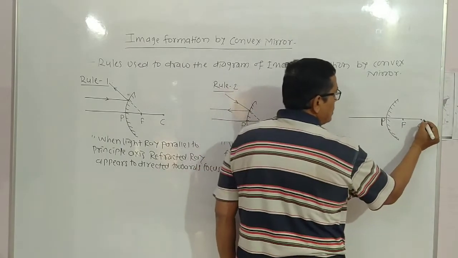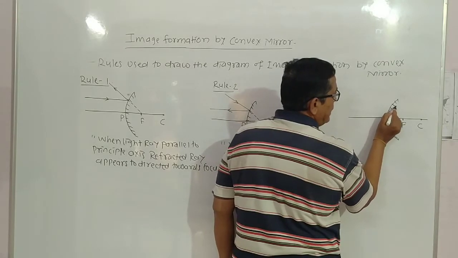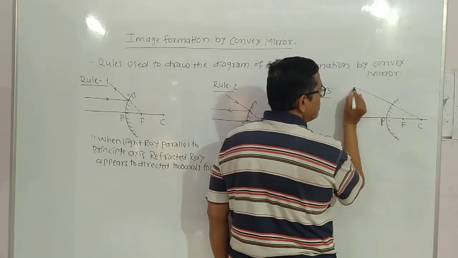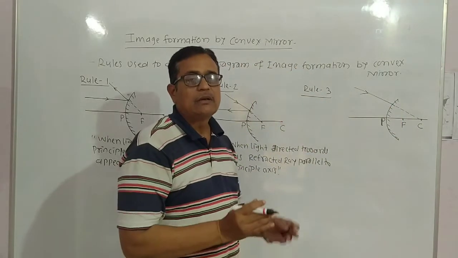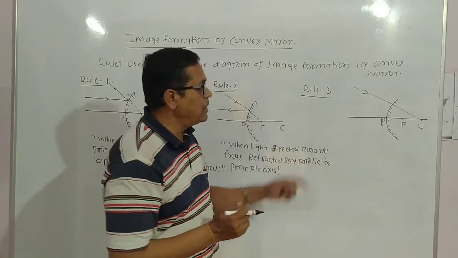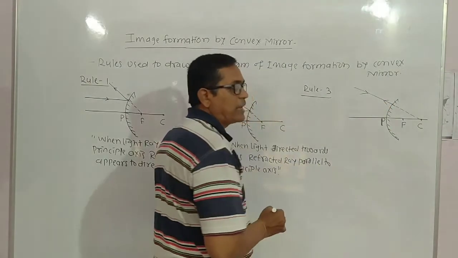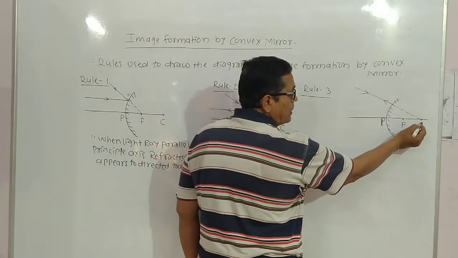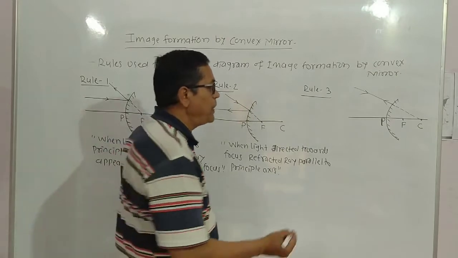Look here, dear student, when a light ray is directed towards the center of curvature, the reflected ray traces the same path. The reflected ray also passes through the center of curvature. Look at the diagram.